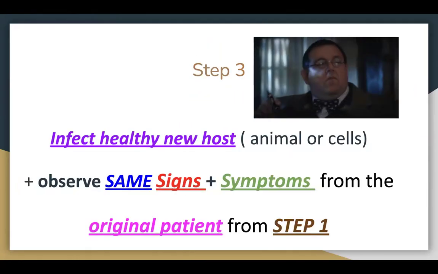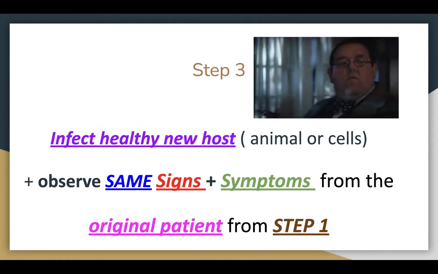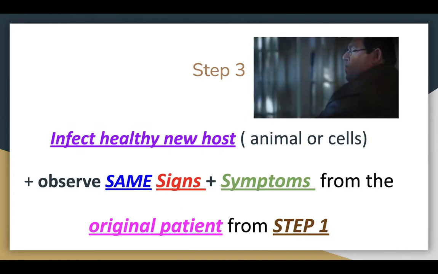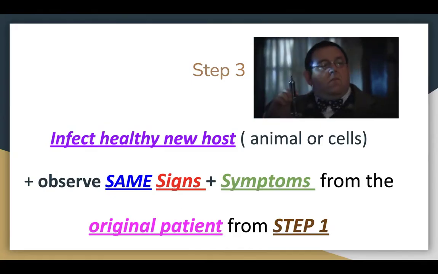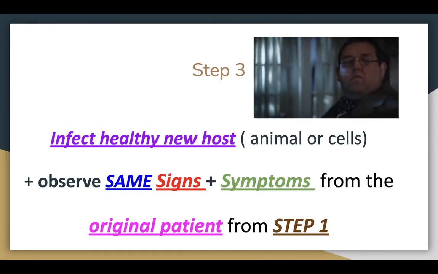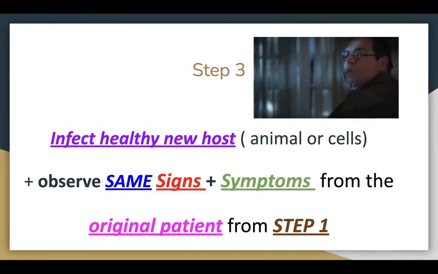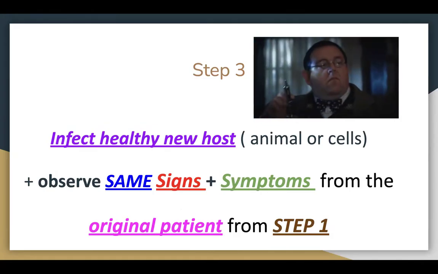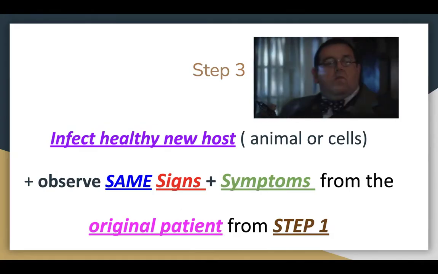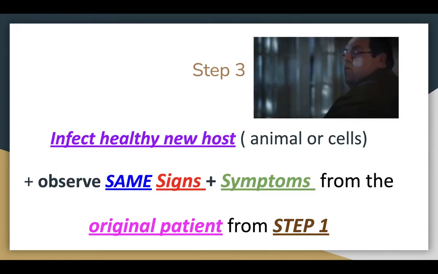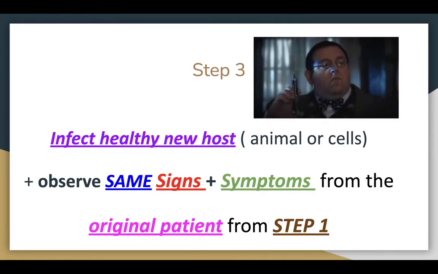Now, step three: once we have isolated the microbe that we believe is the disease-causing microbe, we're going to want to infect a new host. It could be an animal or a healthy cell. What we want to do is observe the same signs and symptoms from the original patient in step one. So we want to look for the same signs and symptoms that we noticed as healthcare workers and that the patient reported to us.